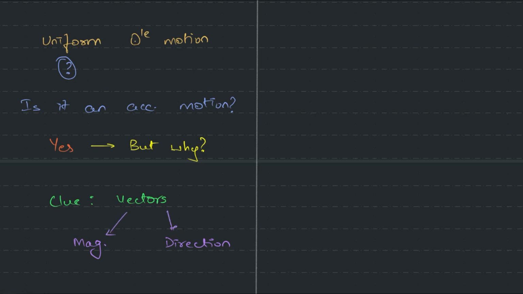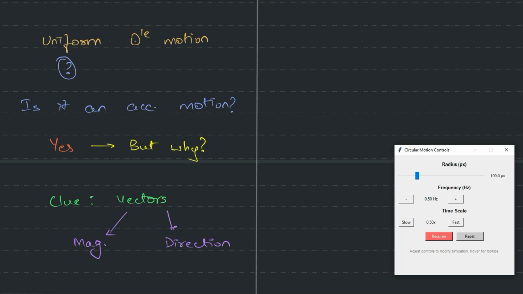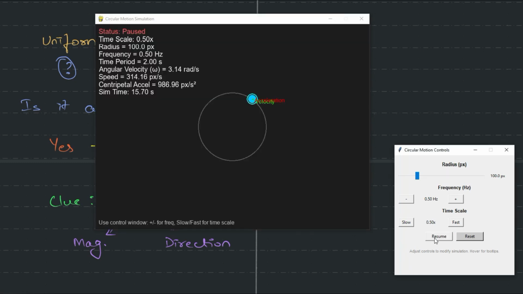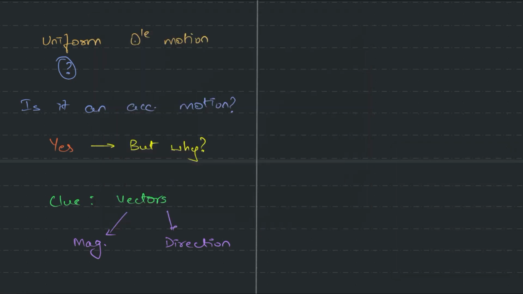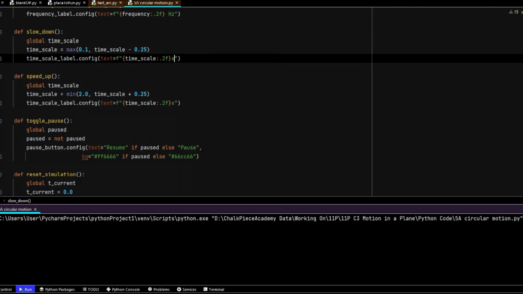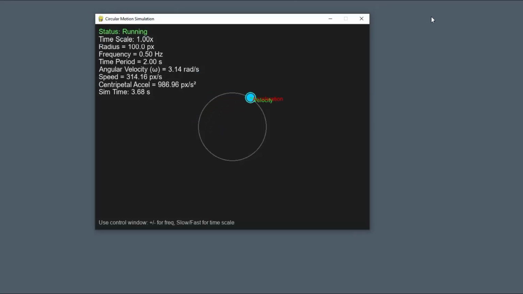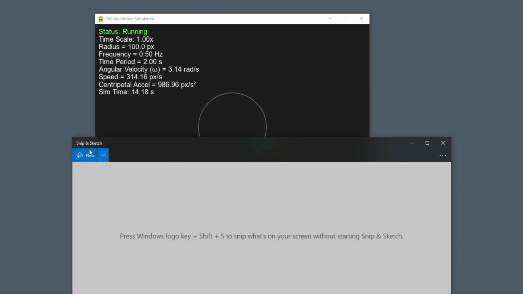So when we talk about a circular motion, let me actually start it again. This is your circular motion. And in specific, this is a uniform circular motion. But why is it an accelerated motion? That was the question.